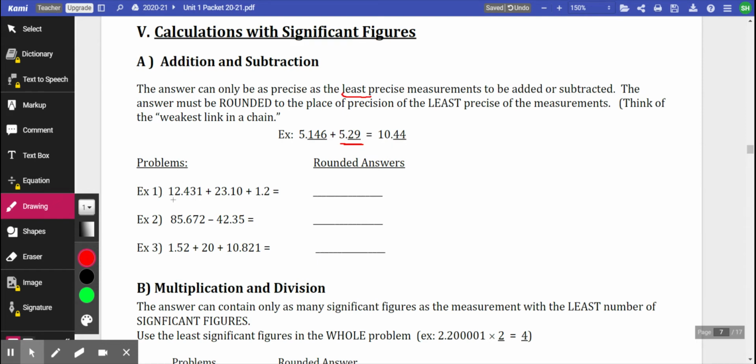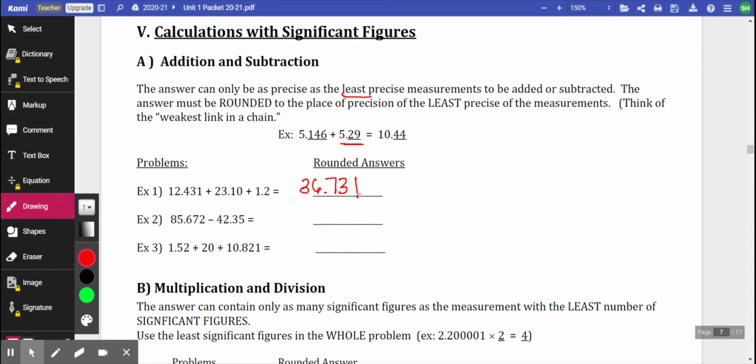Okay, so I want you to go ahead and add these three numbers together, and then look at your calculator to see what number you get. So my guess is that when you calculated this, you get 36.731, okay?